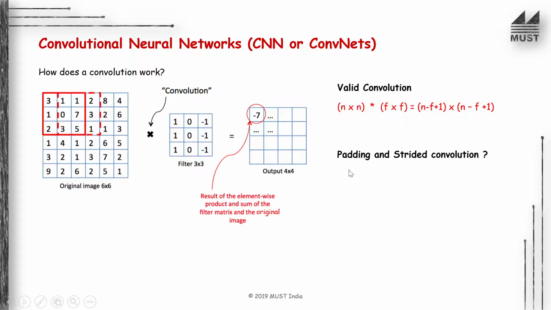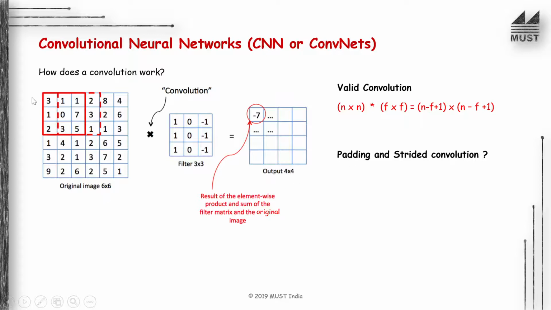Now there can be certain requirements where you say, okay, I don't want an output matrix of dimension 4 by 4. I want my output matrix to have the same dimension as my input image. How do we do that? In such a case, we apply the concept of padding.